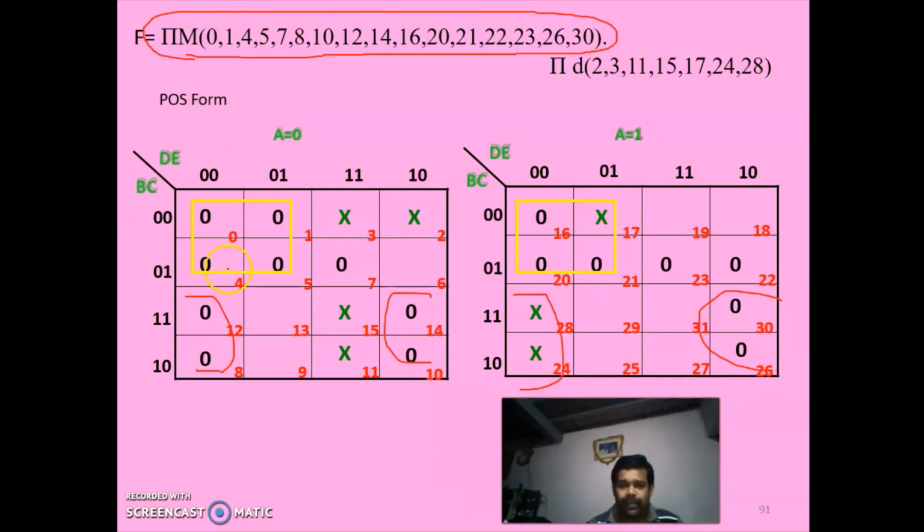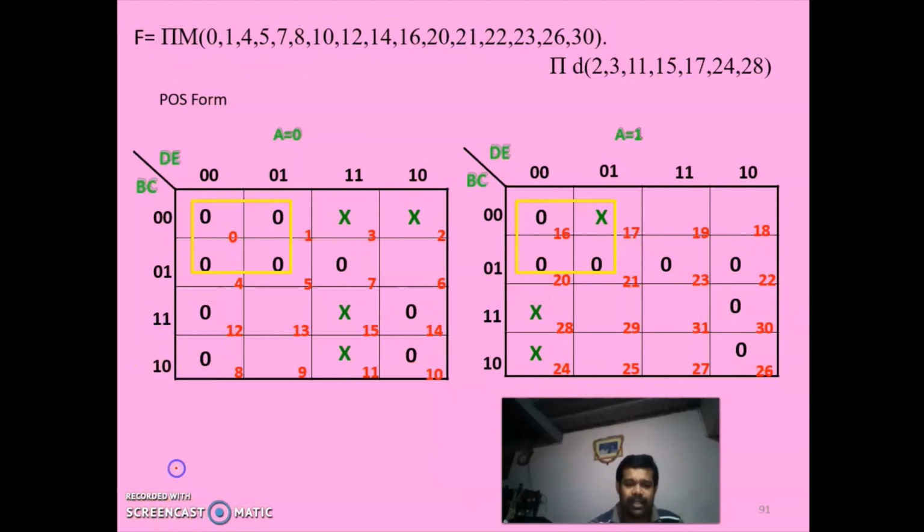Next, here you are having a 0. This 0 you can group like this, and you are having only one 0 left ungrouped, that you can take like this, this 4 and this 4. Now we will check that animation, you will clearly understand.